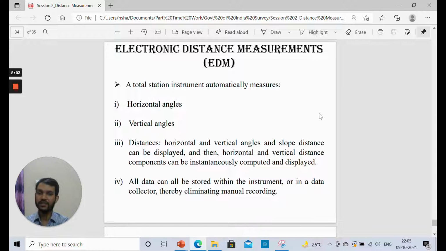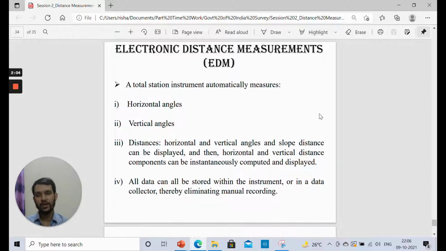Next comes measurement of distances. For measurement of distances, how are these EDM devices used? It can measure horizontal and vertical angles. Obviously, as I told you, with the help of that digital theodolite attached to it, it can be used for measurement of horizontal as well as vertical angles, and the slope distance can also be displayed.